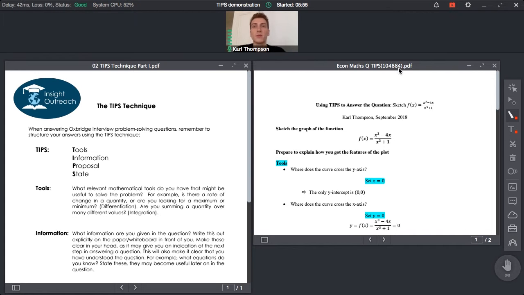It really helps to be able to demonstrate the steps that you're taking and doing that quite methodically. So this is a really good technique to demonstrate that. Now it comprises of four different aspects: tools, information, proposal, and state.